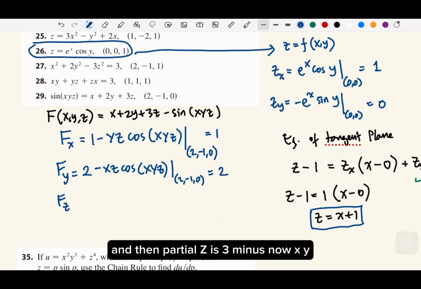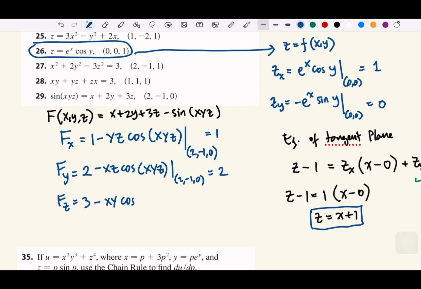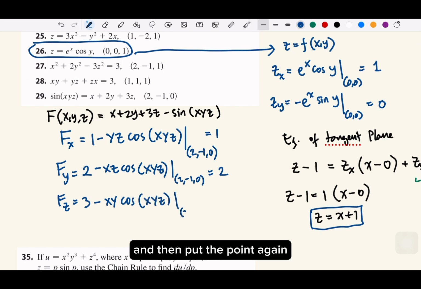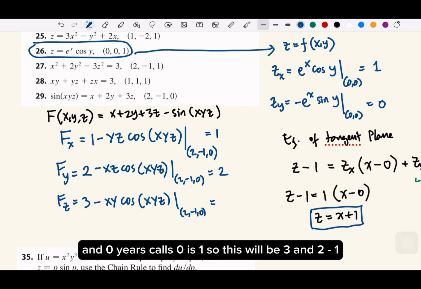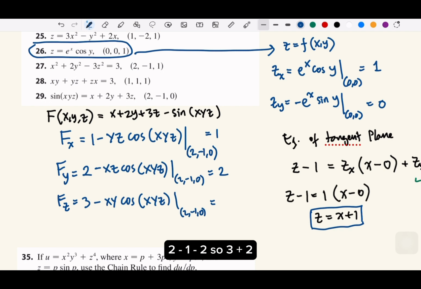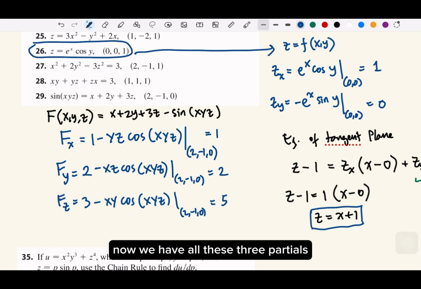And then partial z is 3 minus xy times cosine xyz, and then put the point again. Cosine 0 is 1. So this will be 3, and 2 minus 1 we get minus 2, so 3 plus 2, it's 5. Now we have all these 3 partials.